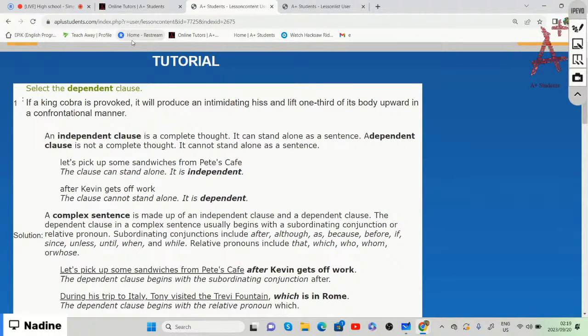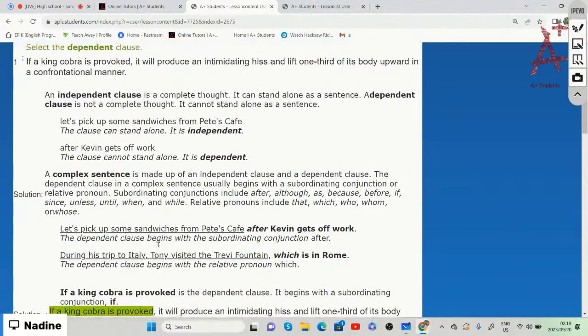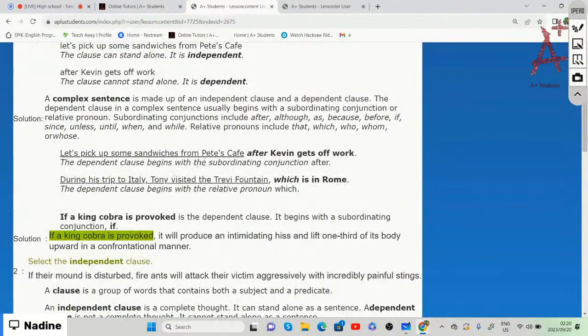Now let's look at some examples. Let's pick up some sandwiches from Pete's Cafe after Kevin gets off work.